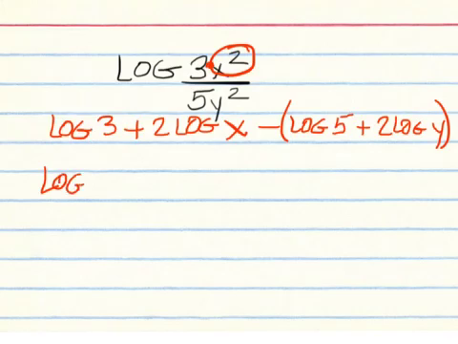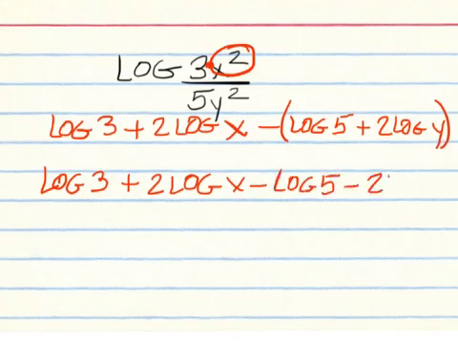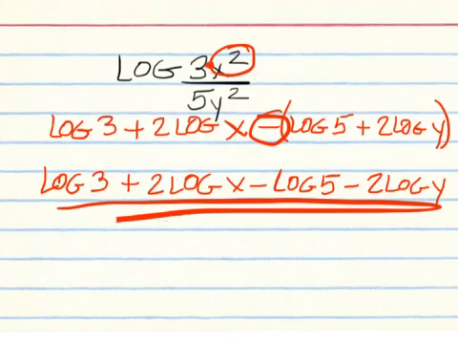And when you go back to simplify that, you can see a shortcut. Minus log 5 minus 2 log y when you distribute the -1 all the way through. So this should be your final answer. If you have that, you get a bonus of 200.